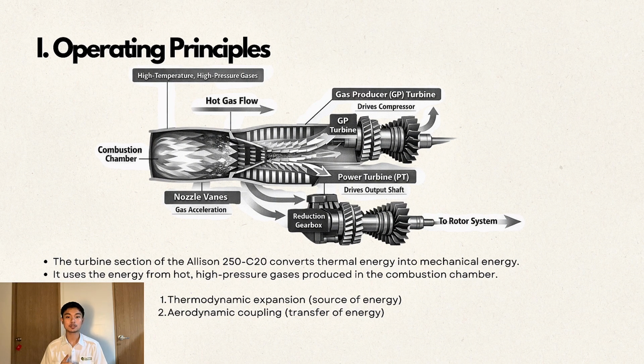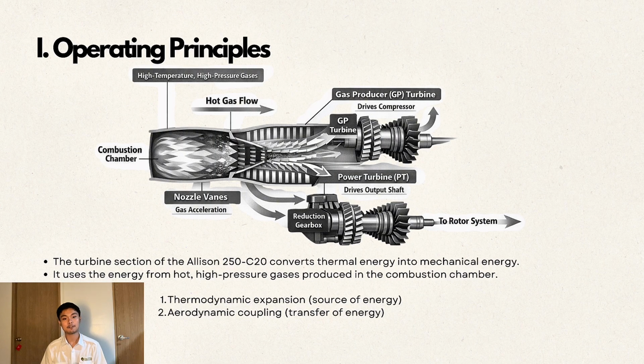So in free turbine system, mas flexible yung operation kasi kahit magbago yung load, hindi agad affected yung buong system. Maganda ito for helicopters kasi kailangan nila ng smooth and controlled power. While in single shaft engines, the design is simpler but less flexible in operation.